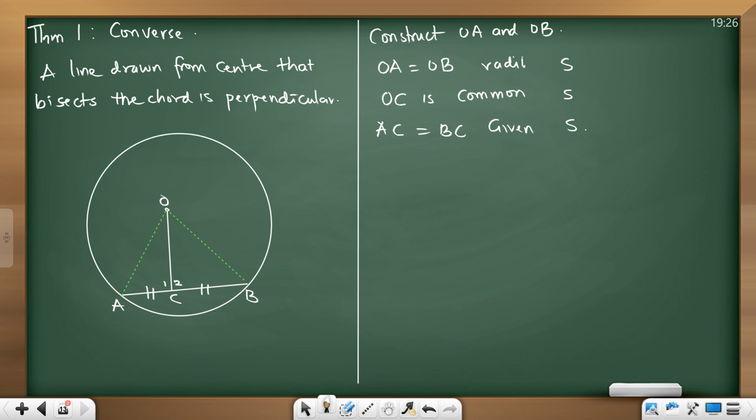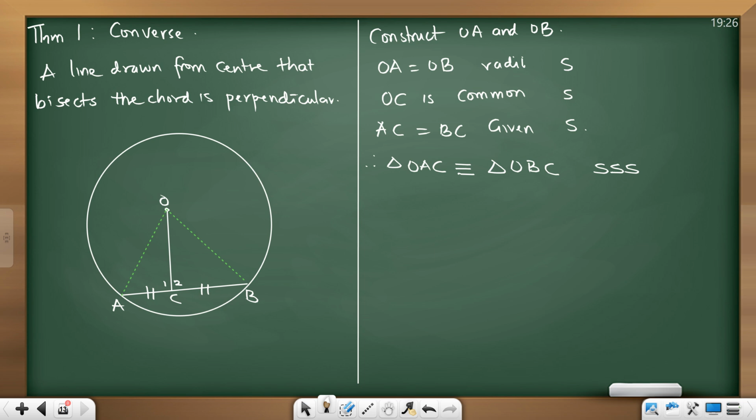Side. If the three sides are equal, then the triangles are just photocopies of each other. Therefore, triangle what? OAC is congruent to triangle what? OBC. What's your reason? It means these things are exactly the same.